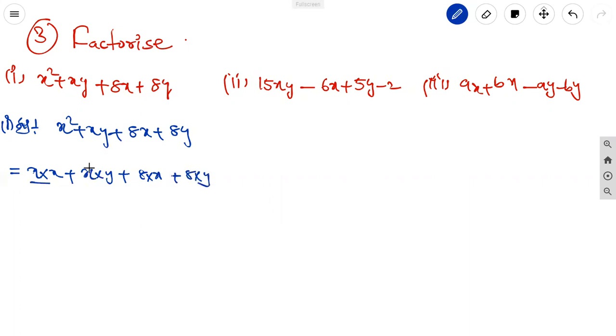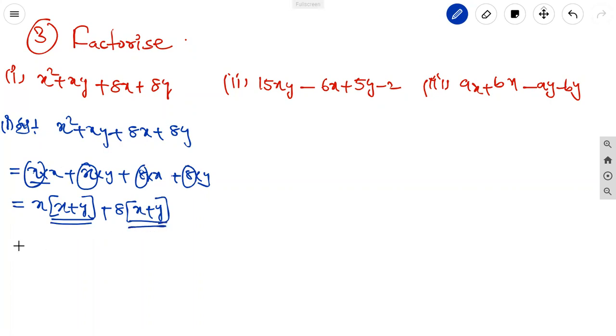From the first two, x is common, then x plus y. From the last two, 8 is common, x plus y. So x plus y is also taken out. Then x plus y is written outside. The remaining terms are x in the first term and 8 in the second term. This is the factorization. Okay.